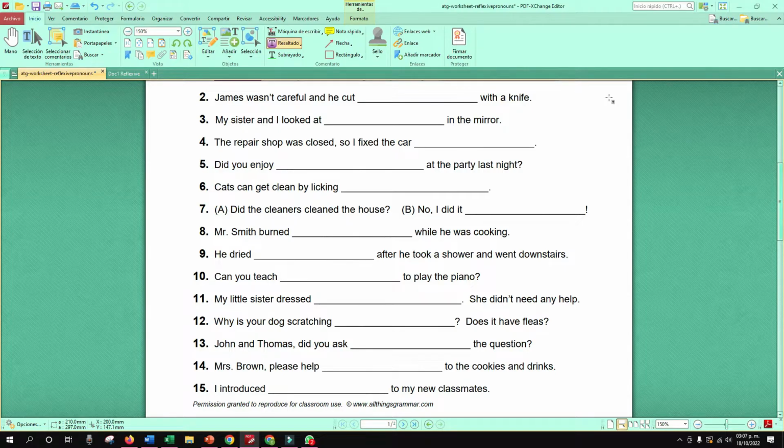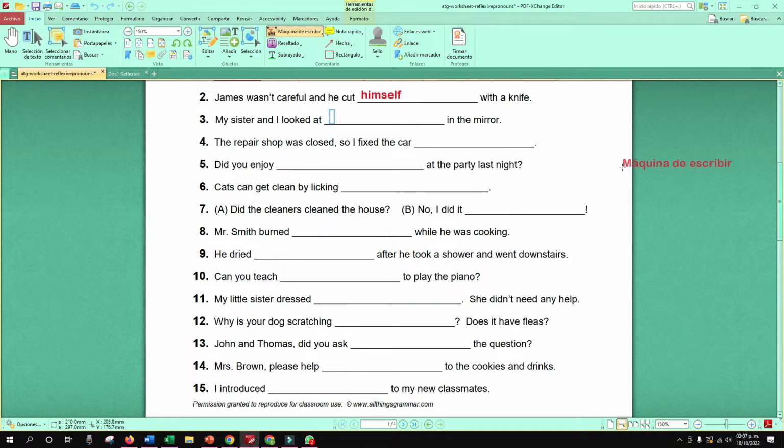Read and tell me the answer. James wasn't careful and he cut himself with a knife. Excellent. Himself, right? That is singular, right? So, James, himself. Excellent, thank you.